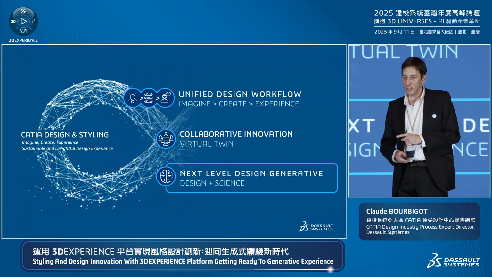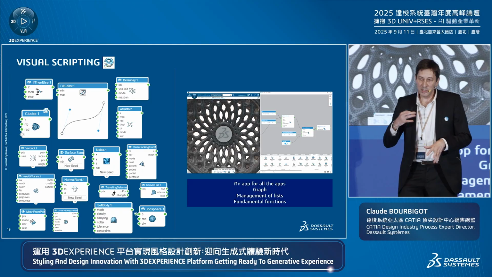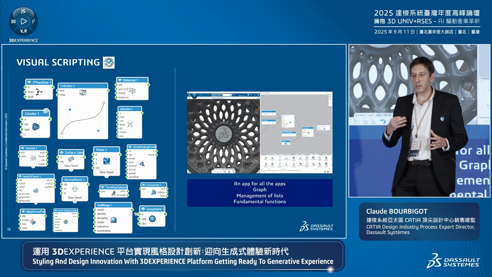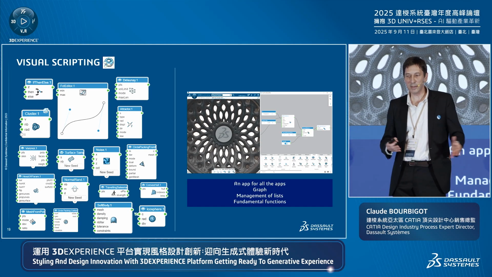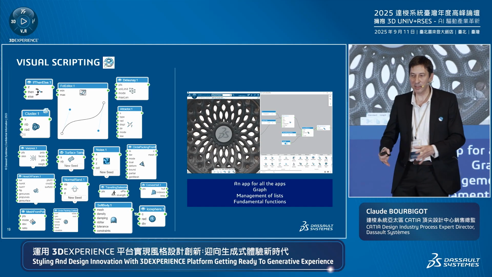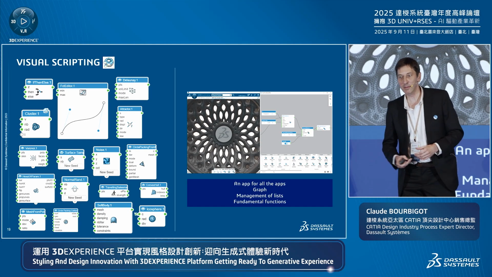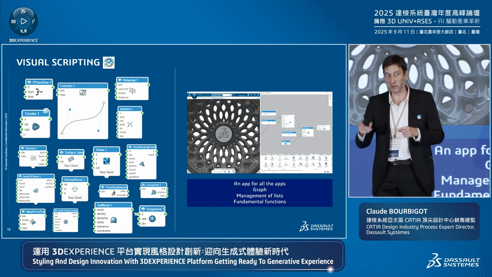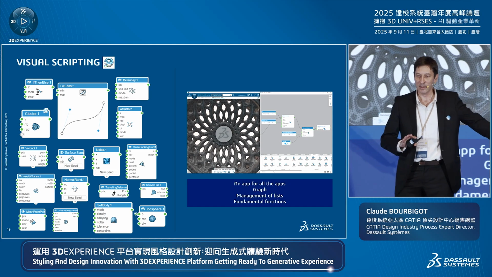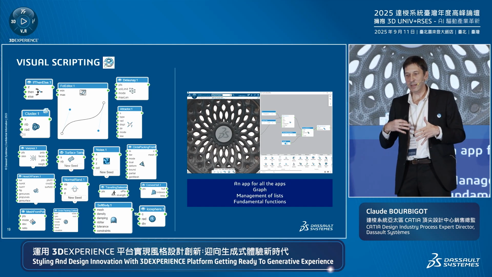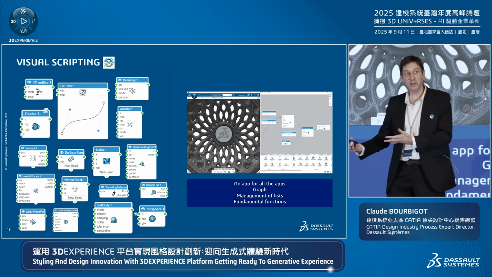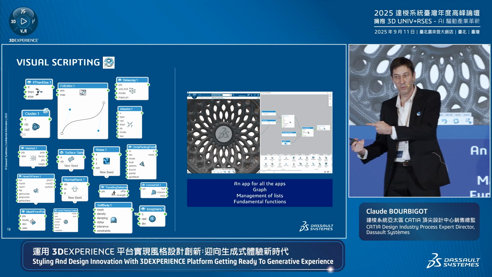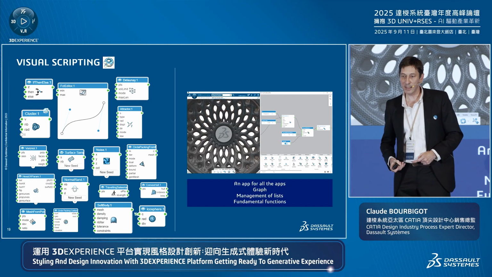So I go next. With visual scripting, you have a fully parametric environment that comes on top of the core applications of CATIA, like Part Design, Generative Shape Design that you saw before, or ISM Shape Design. So in the past, but rather currently, I feel that we are still using GSD and Knowledgeware to make the parametric environment good enough to feed the AI.